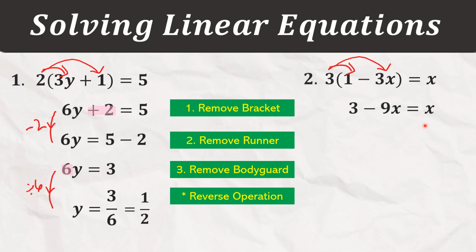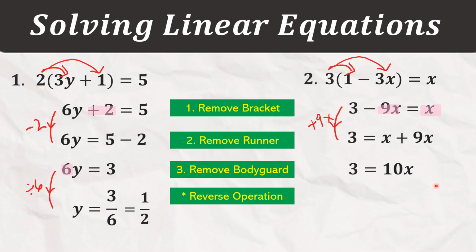That's repeated x, repeated Mafia. If I have repeated Mafia, I need to combine the Mafia first and collect the like terms. To do that, I simply add 9x on both sides. Then I simplify and get 3 equals 10x.